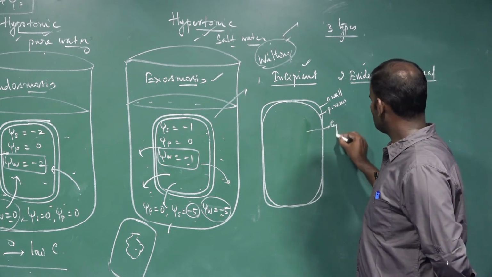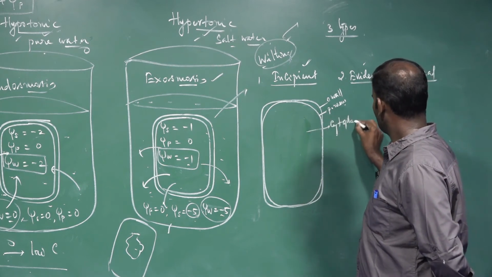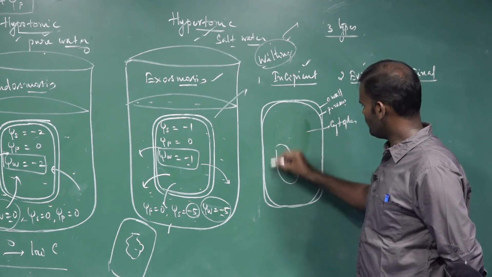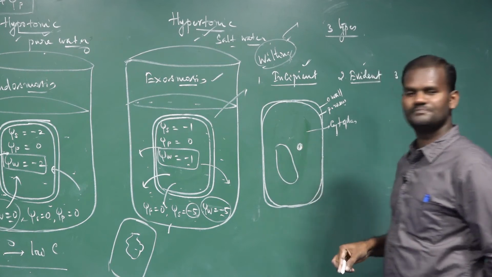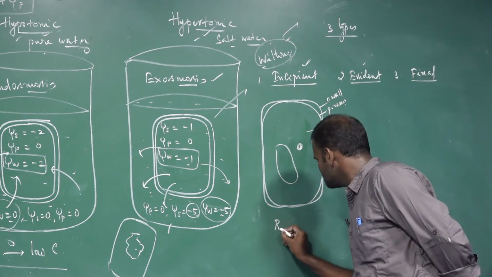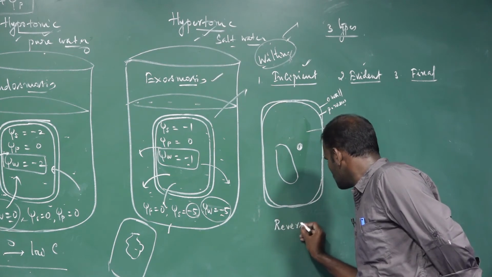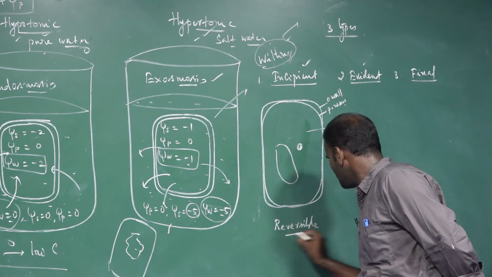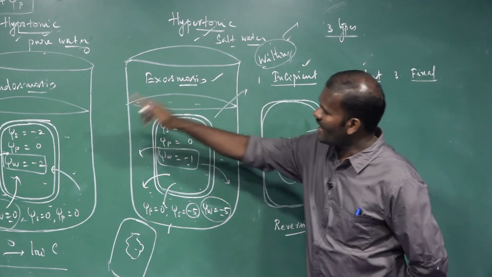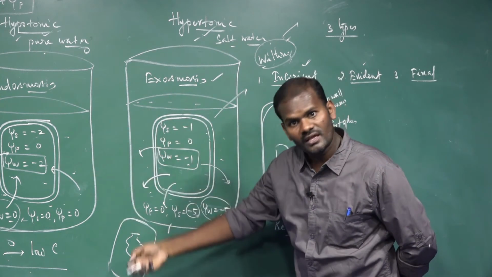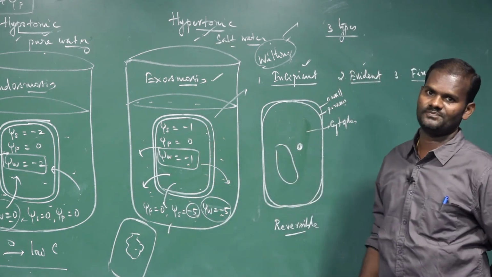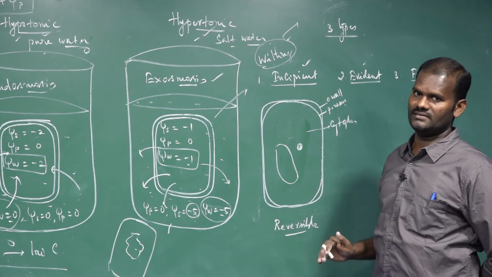It is the cytoplasm, in the center is the vacuole, and the nucleus is placed. So here it is reversible. In this type of cell, when placed in a hypotonic solution, they regain the water and return to the original shape and size, because it is the initial level.